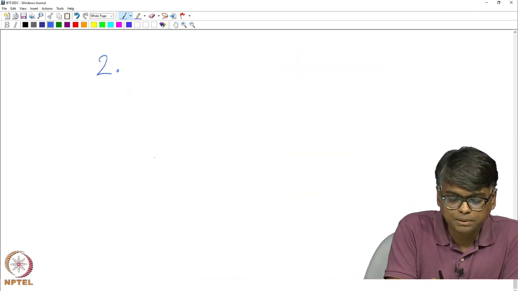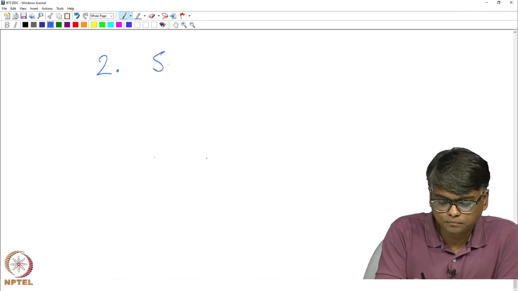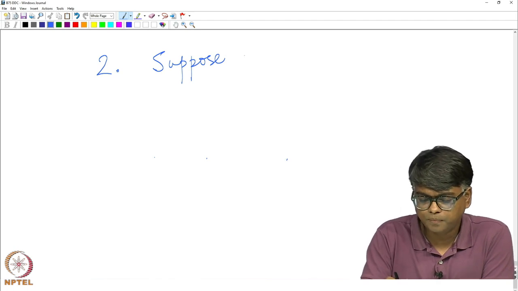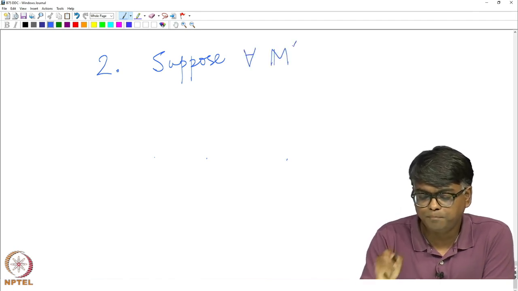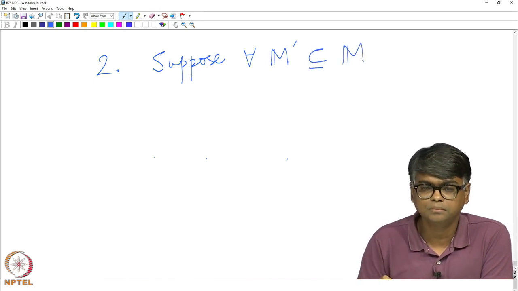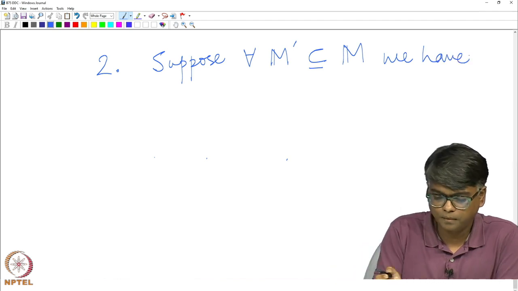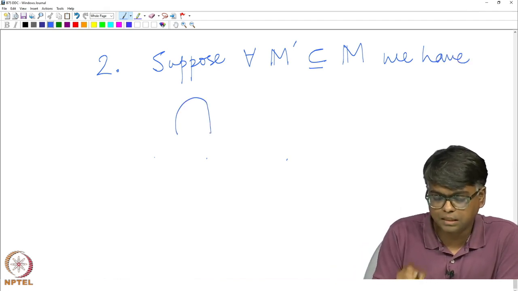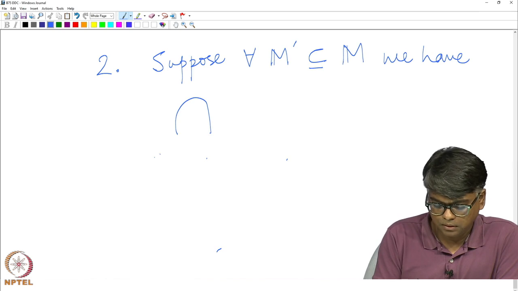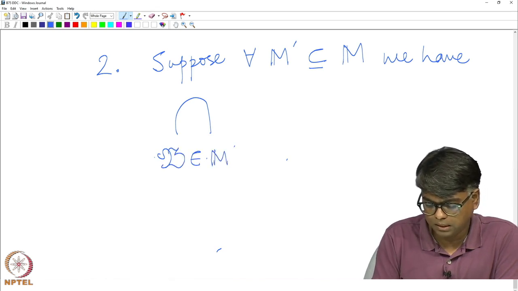Second assumption is a bit restrictive. Second assumption is that, now notice carefully, suppose for every M prime which is a sub model class of the model class, we have the intersection of behaviors in the sub model class.